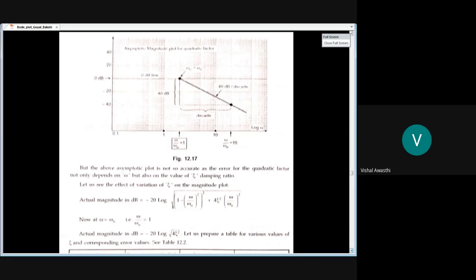After that, we are considering the other zone as a high frequency zone, which corresponds to a straight line equation whose slope is minus 40 dB per decade. You can see that on your screen.